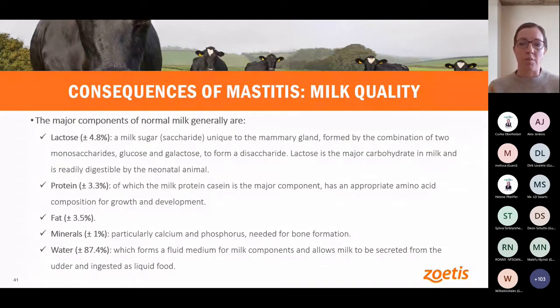It's a major carbohydrate in the milk and readily digestible. Protein, where casein is the major component, is at 3.3%, give or take. Fat, 3.5, give or take. And then we have our minerals that I'm sure Alex covered. And then the major component is water, right?